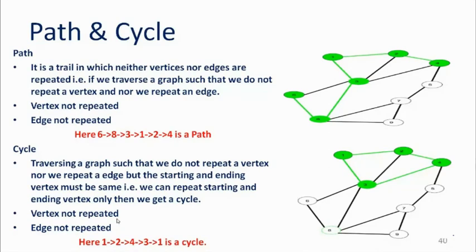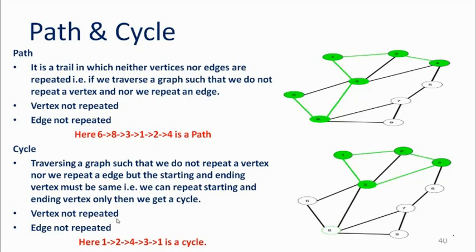While coming to the cycle, you start from the same vertex and come back to the same vertex. We traverse a graph such that we do not repeat a vertex nor an edge, but the starting and ending vertices must be the same.